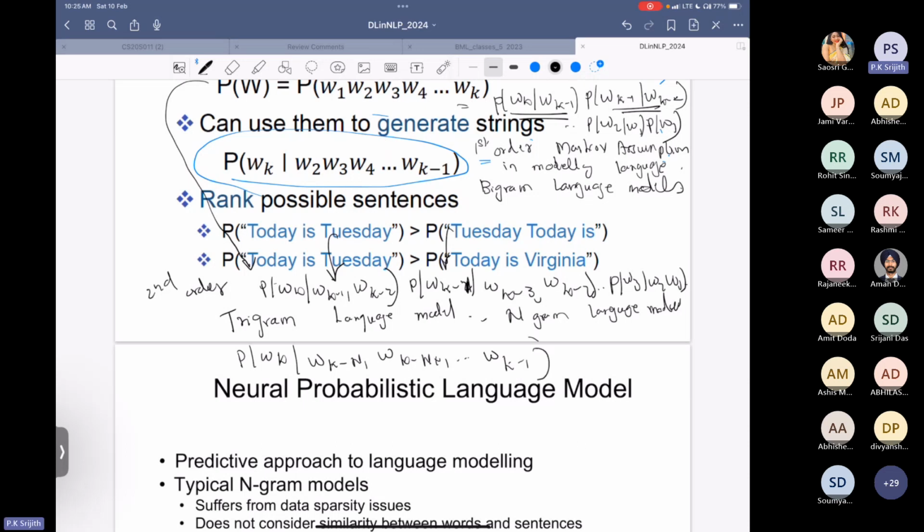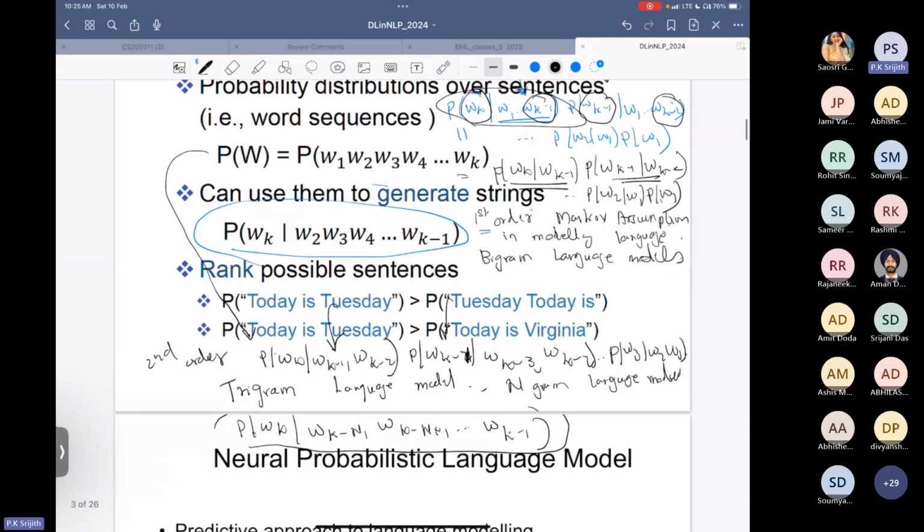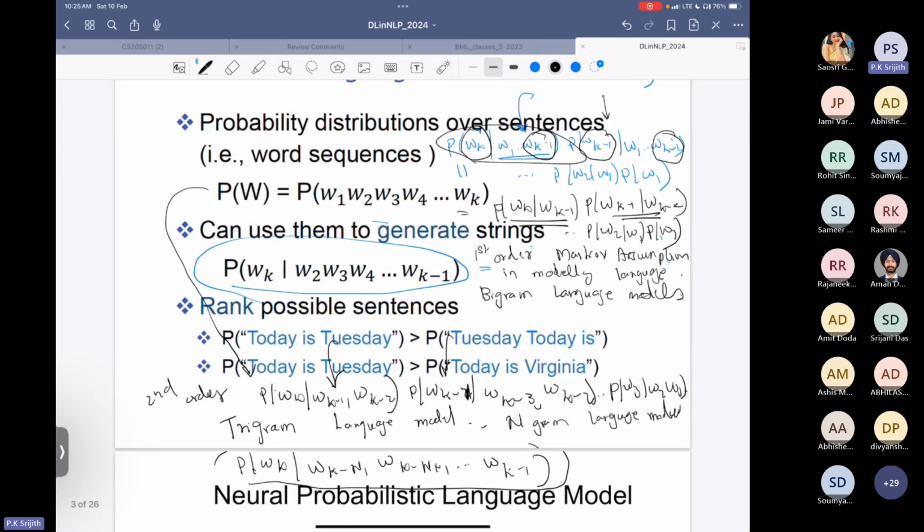That is what an n-gram language model does. But in all these different language models, which are statistical language models, these conditional probabilities are computed from the data in a statistical manner, using the probability estimates that we know for computing conditional probabilities from data. Okay. So this is the basic idea behind language modeling. Is that clear?